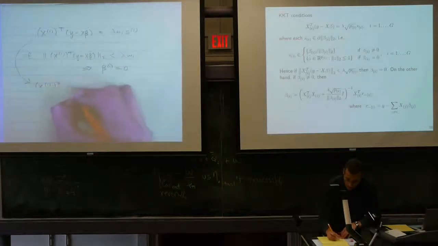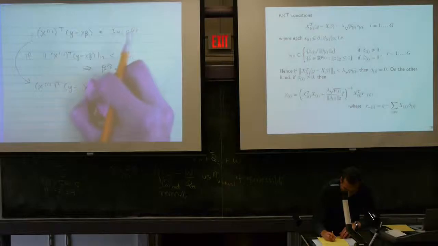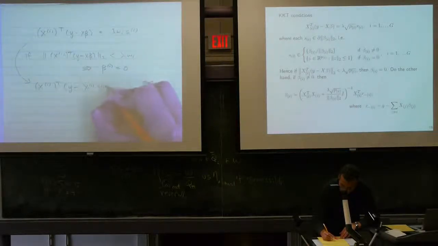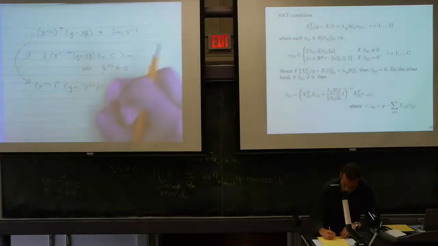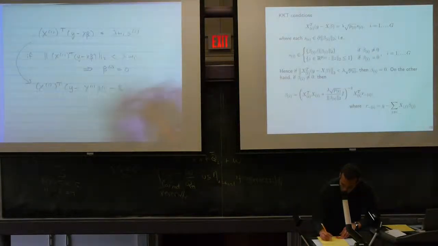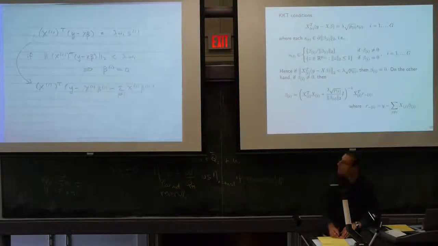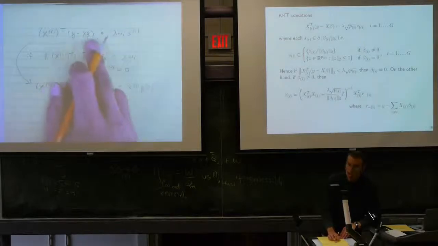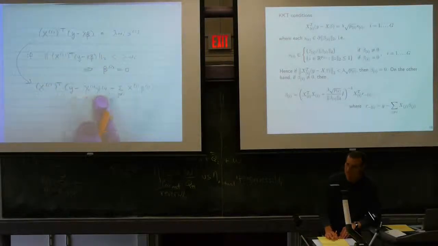So let me write this as y minus xi beta I minus the sum of all j not equal to I of xj beta j. So I've just expanded out this product x beta as the matrix multiplication of xi with the ith group of beta and then all the rest.